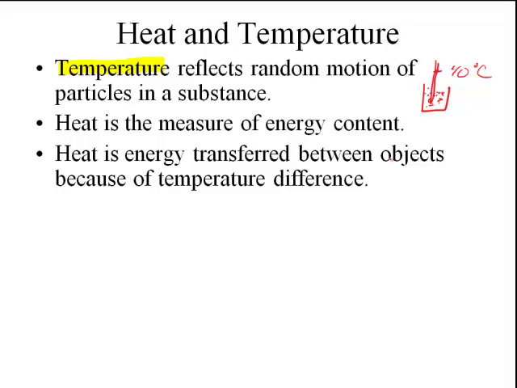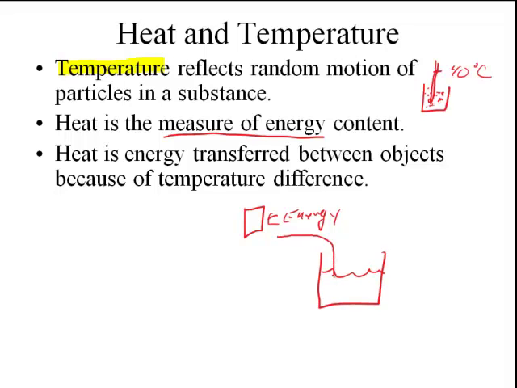All right. Now, you've not heard of a heatometer, because heat is just a measure of the energy in something. And the way we measure heat is we have one object, we put some energy into it, and then we often will put it into some water, measure the temperature change of the water, and we can calculate the energy, because energy is this thing that is transferred between objects.